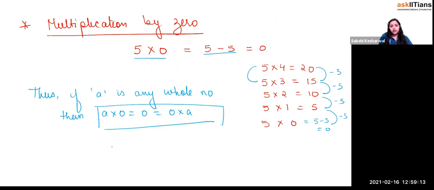So if I say 1001091 multiplied by 0, what will be your answer? Your answer is 0, right? Take the example: 5 into 4 is 20, 5 into 3 is 15, and you're doing successive subtractions. When you come to 0, you get 0. So this is how we say this.